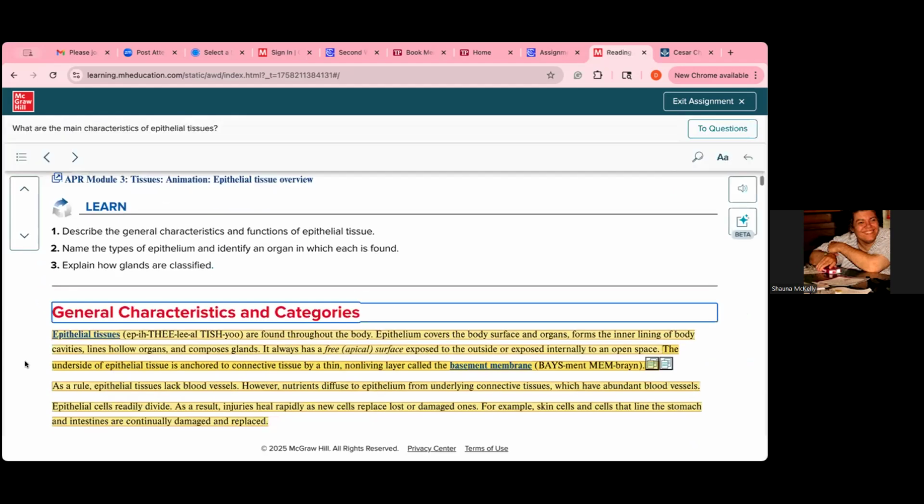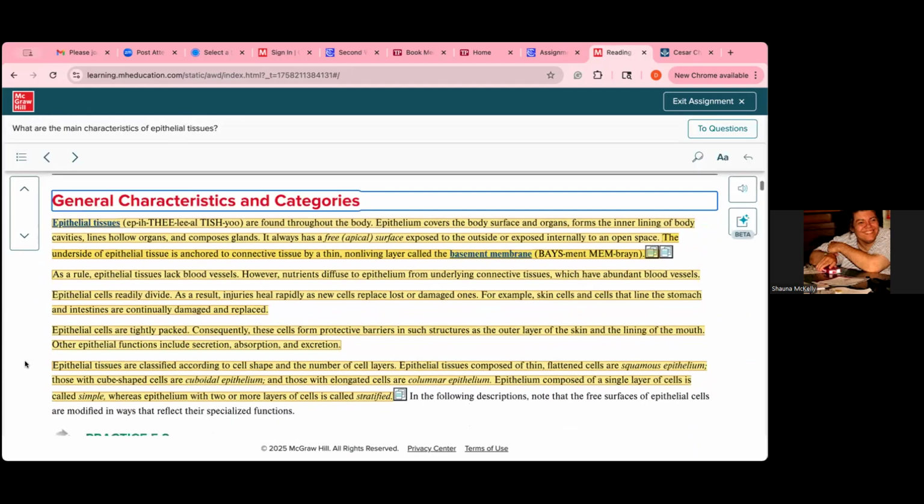Let's look at epithelial tissue. All right, they're found throughout the body. They cover the body surface and the organs. So they cover organs. They form the inner lining of body cavities, like your stomach, or your abdominal pelvic cavity.